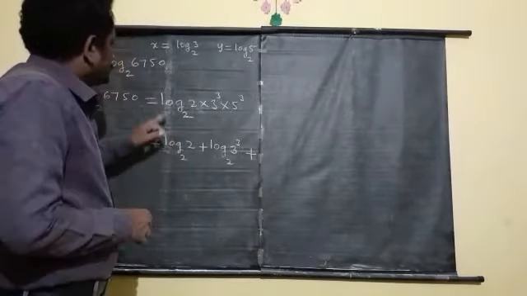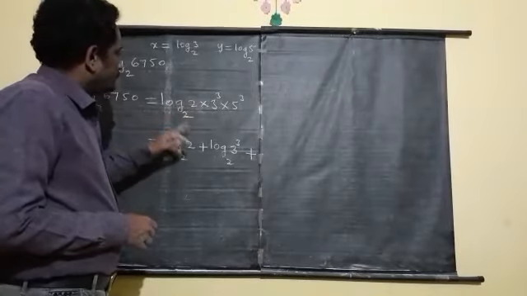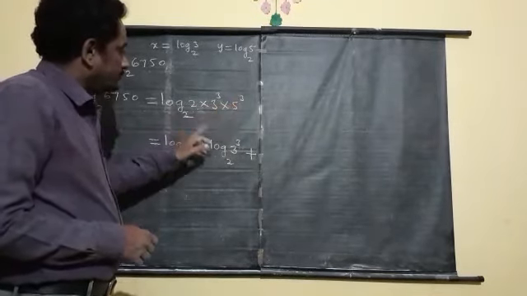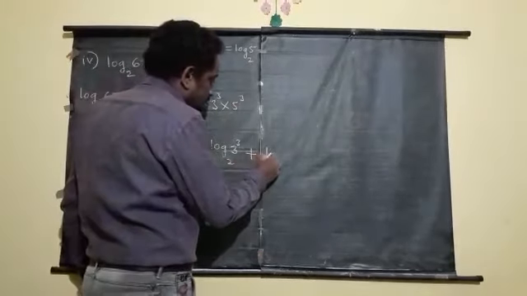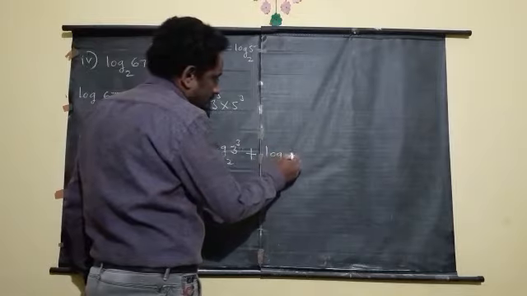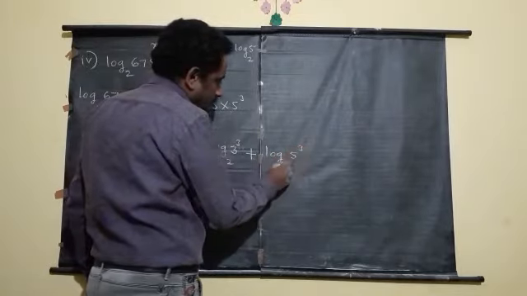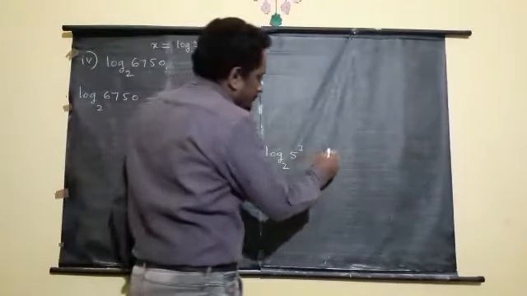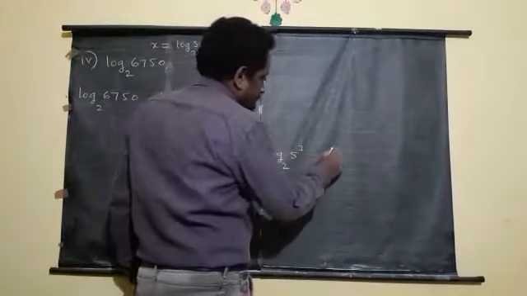Log 2 base 2 plus log 3 cube base 2 plus log 5 cube base 2. Which formula did we use here?